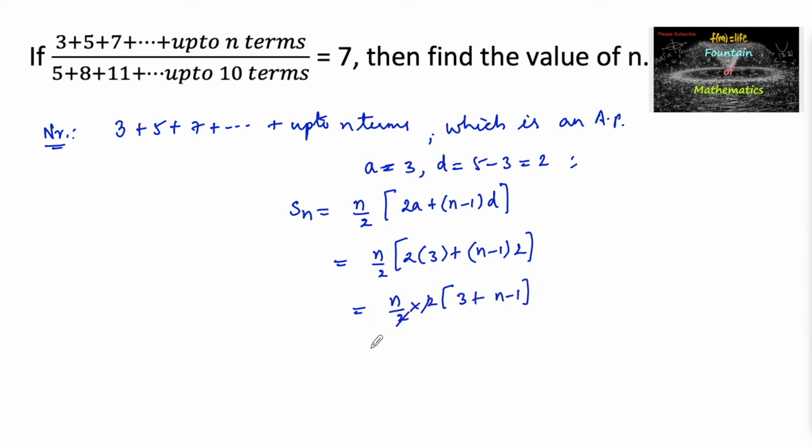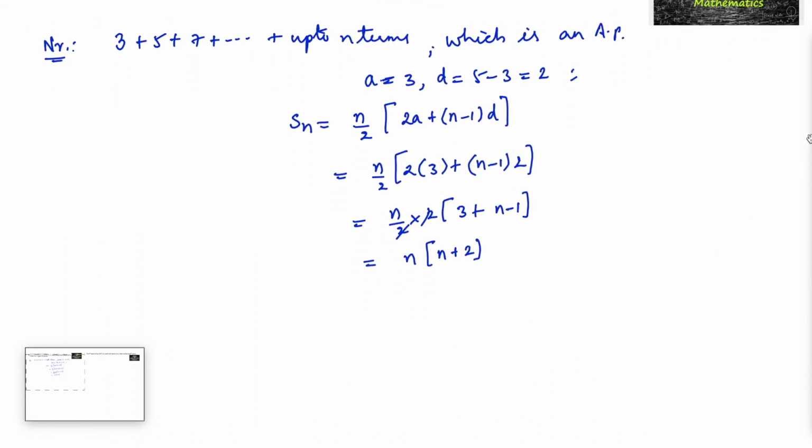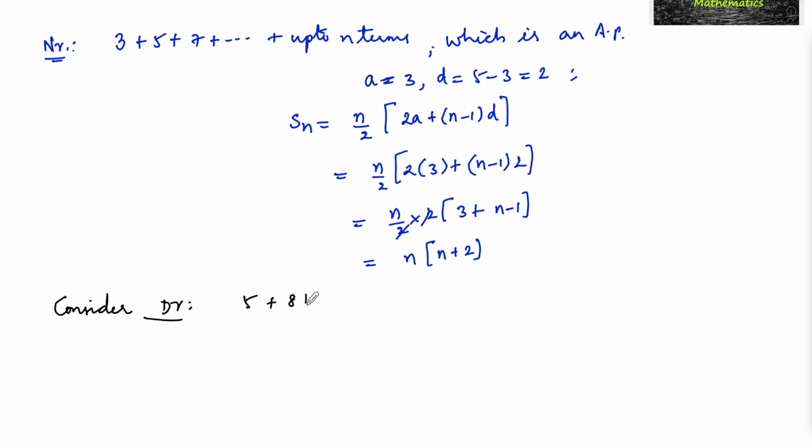So we have n times 3 plus n minus 1, that is 3 minus 1 is 2. So n into n plus 2 is the sum to n terms of the given numerator series. And now let us consider the denominator, that is 5 plus 8 plus 11 plus and so on up to 10 terms.